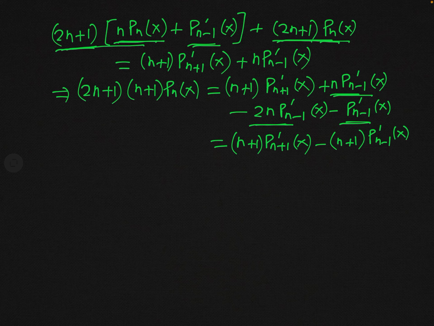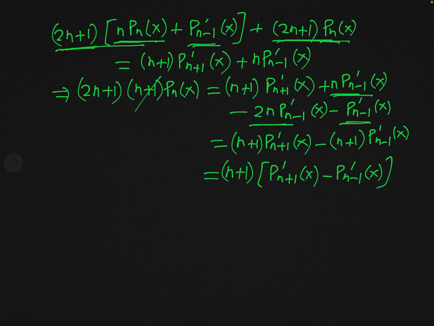Now you can see that in RHS, n plus 1 is a common factor. So take it as a common factor. So this is n plus 1 into Pn plus 1 prime of x and minus Pn minus 1 prime of x. Now you can see in LHS there is a factor n plus 1, in RHS there is also a factor n plus 1, so that will cancel out, and therefore what will be our result?